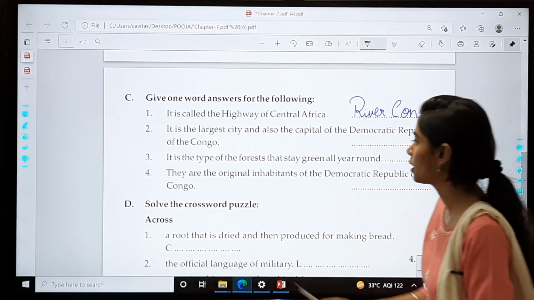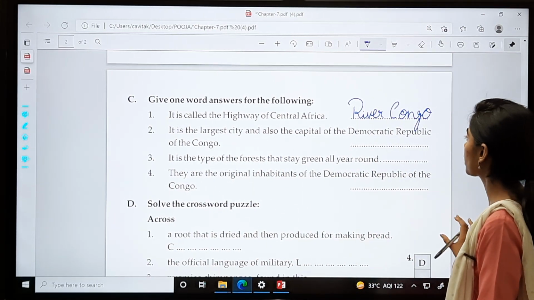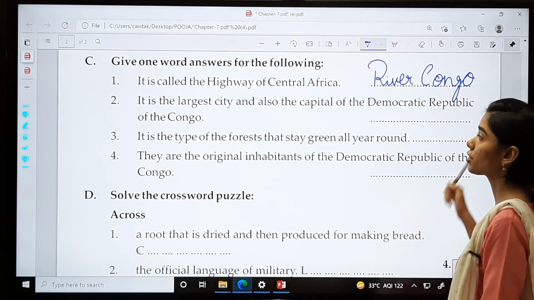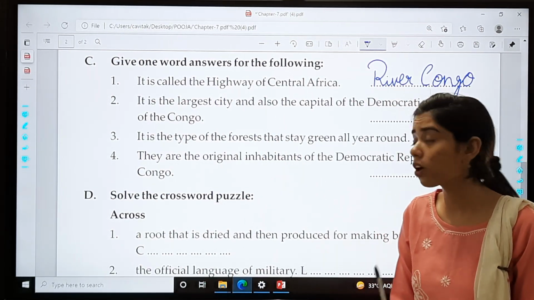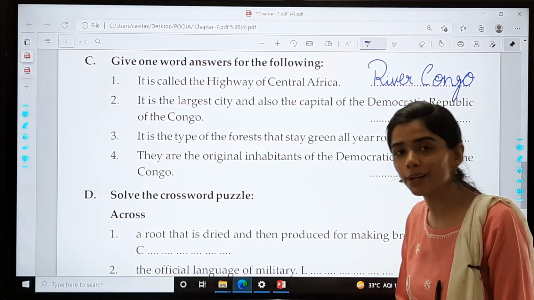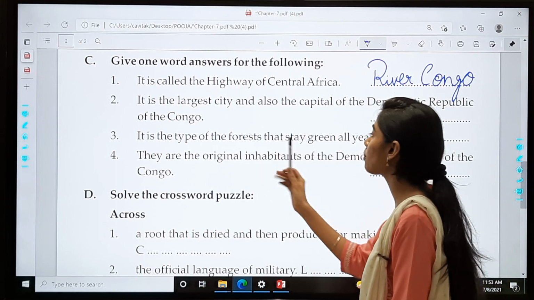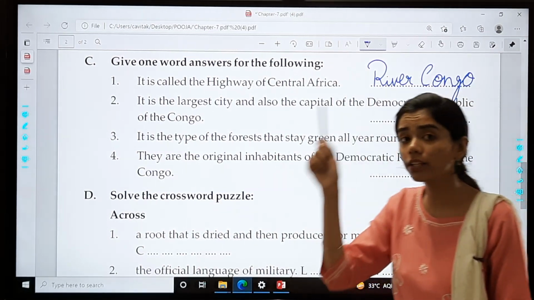Okay, then it is the largest city and also the capital of the Democratic Republic of the Congo. Largest city also and the capital of this country. So write the name here. It is the type of forest that stays green all year round.